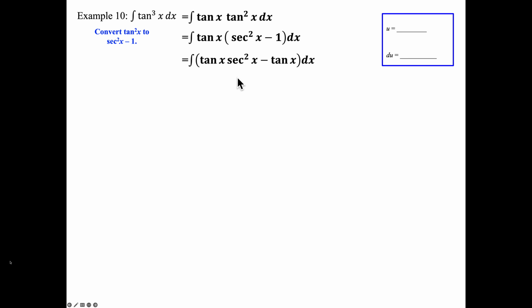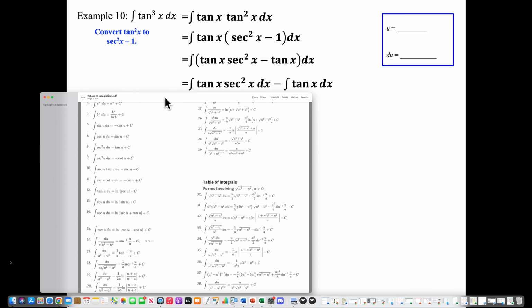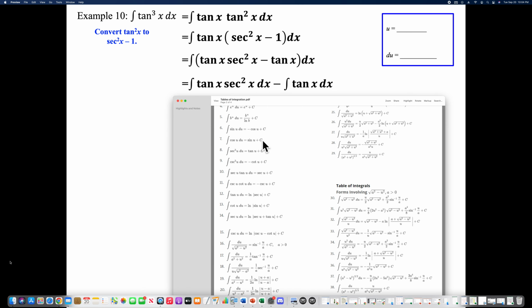Now, what this is going to do for me is I'm going to rewrite this as 2 separate integrals, because if you look on your table of integration, let me throw it over here real quick, you can integrate tangent of x, that's number 12, so we can integrate that one from the table.